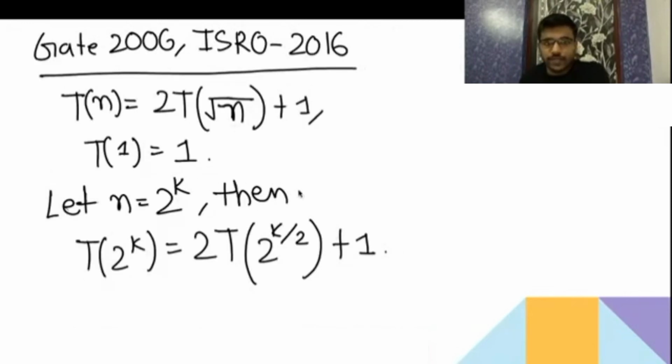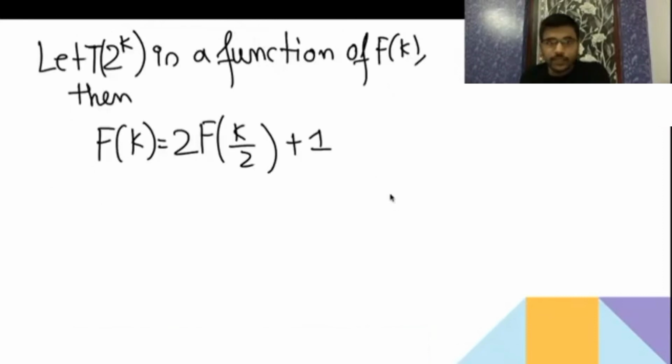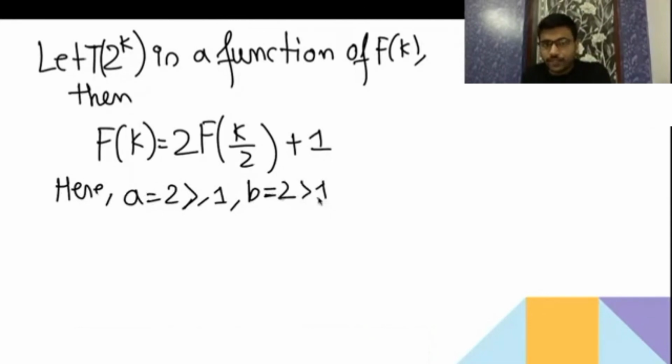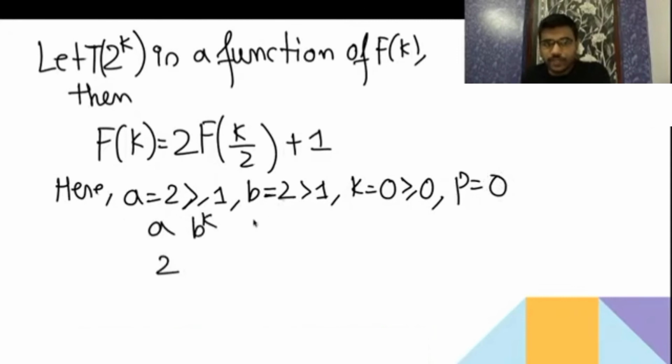Here also k is going to be log n base 2, because we will require the k value later. Now here a is equal to 2, which is greater than or equal to 1, b is equal to 2, and our condition is it should be greater than 1. k is equal to 0, which is greater than or equal to 0, and p is 0. Now compare a and b to the power k. a is 2, b is 2, k is 0, that is 1.